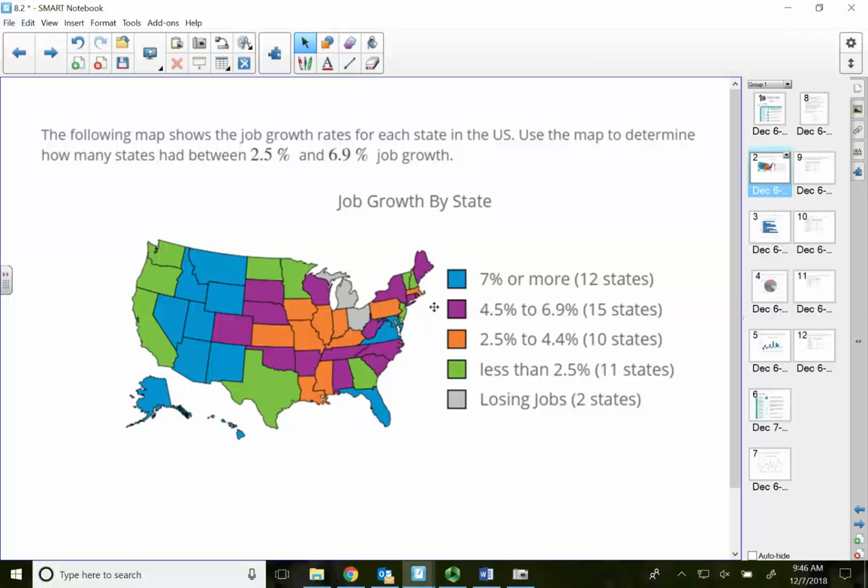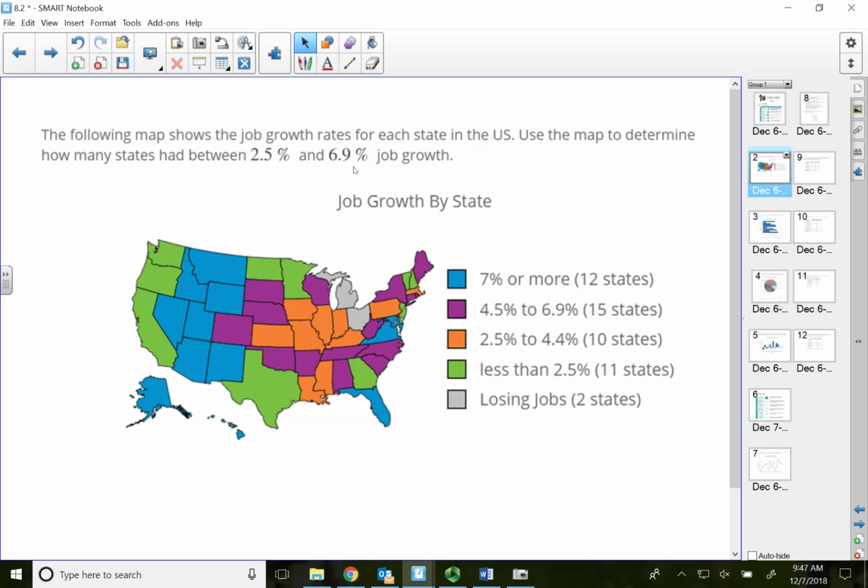We're using colors inside this picture to distinguish the job growth rates by state. The following map shows the job growth rate of each state in the U.S. Use the map to determine how many states are between 2.5 and 6.9 job growth.